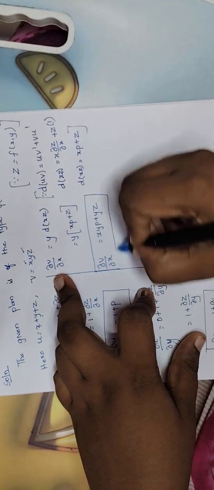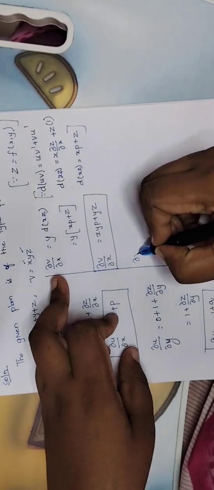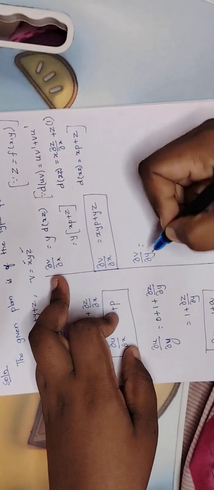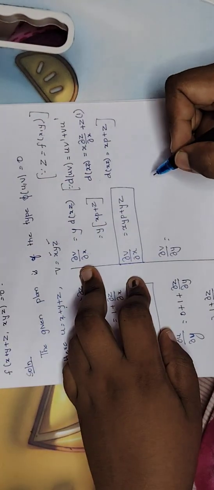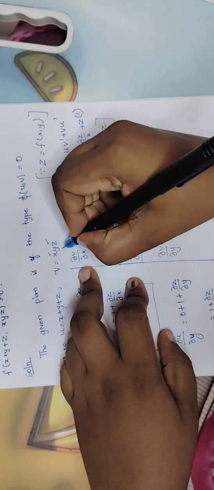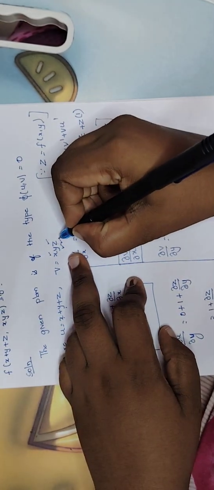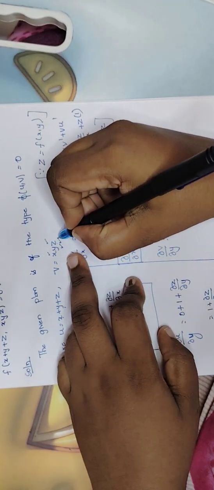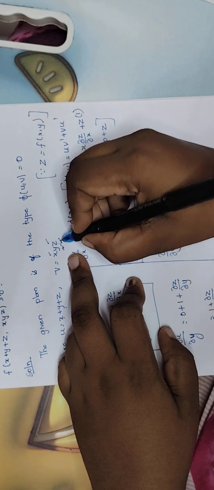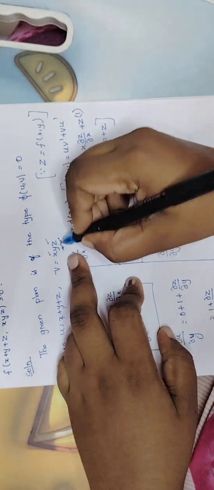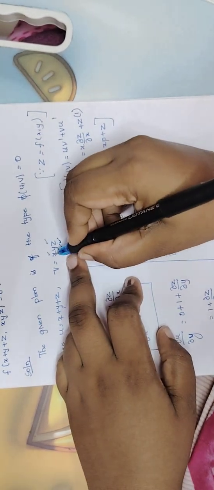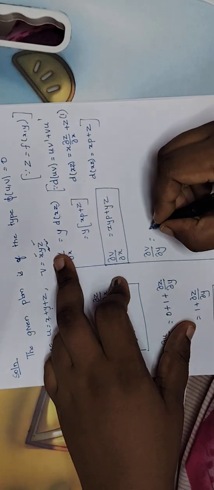Okay, and then next I'm going to find dou v by dou y. So I need to differentiate the y terms. Here we have a y term, and in z also we have a y term. So we need to differentiate these two terms. x is in multiplication, so I'll write it as it is.